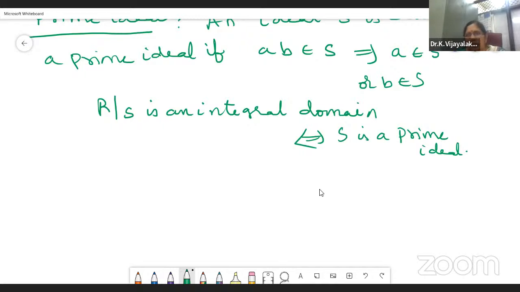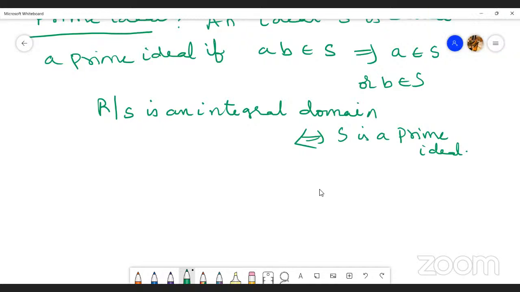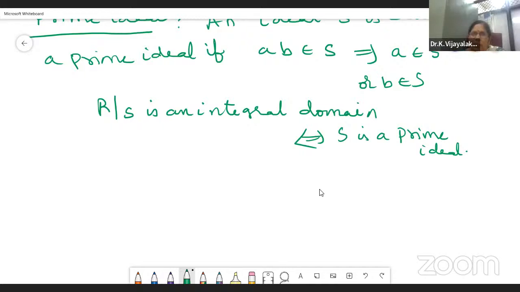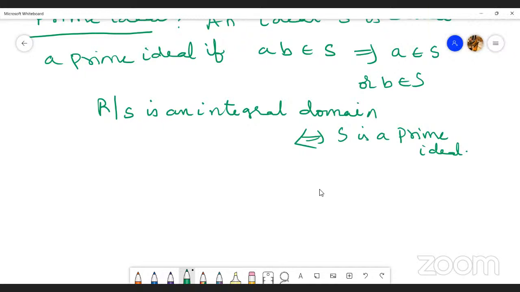Now coming to rings, a non-empty set R is said to be a ring if it is an abelian group with respect to addition, it is a semigroup with respect to multiplication, and distributive laws are satisfied.